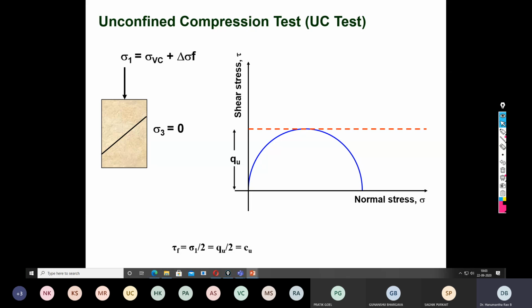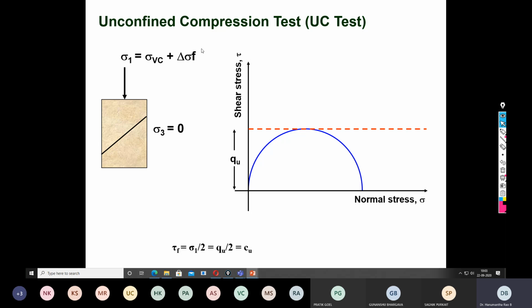Now I can make a correlation with the negative pore pressure that I was explaining during the UU test. When you compact the soil sample, it is held in its geometry by two mechanisms: one is the compaction energy and the second is the negative pore water pressure.